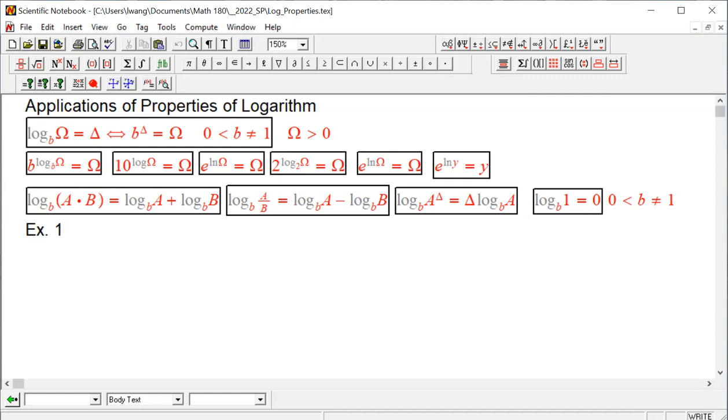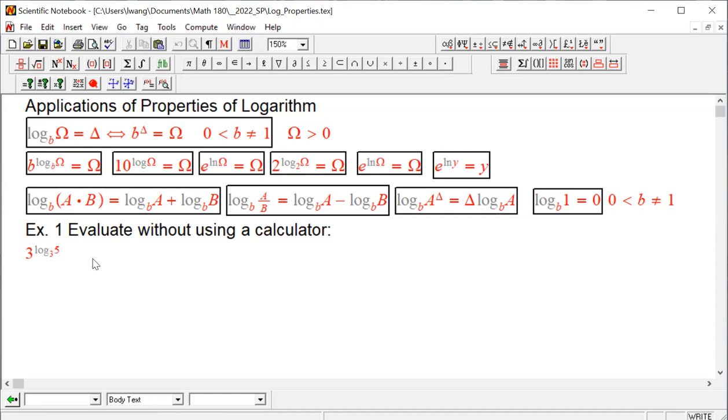Okay, and here we have an expression. We are asked to evaluate it without using a calculator. So the expression is 3 raised to the power of log base 3 of 5.